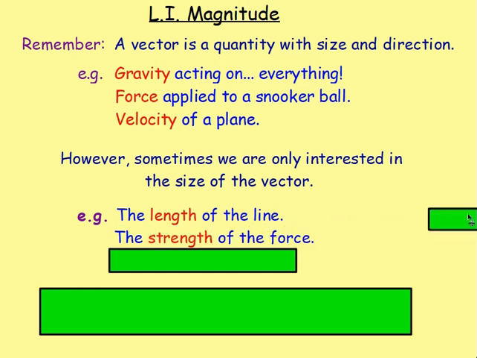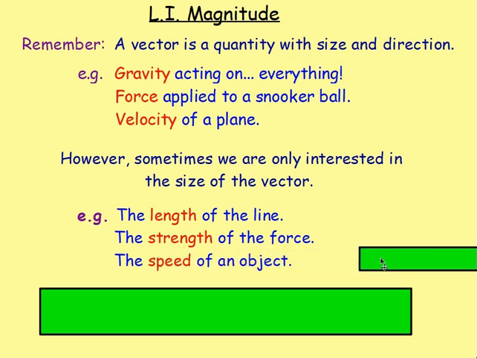Or we just may want to know the strength of the force. What was the force applied to the snooker ball? Again, forget the direction, just how many newtons was it hit with? Or we may just want the speed of an object. We may just want to know that the plane is flying at 355 miles per hour, but the direction may not be important to us.